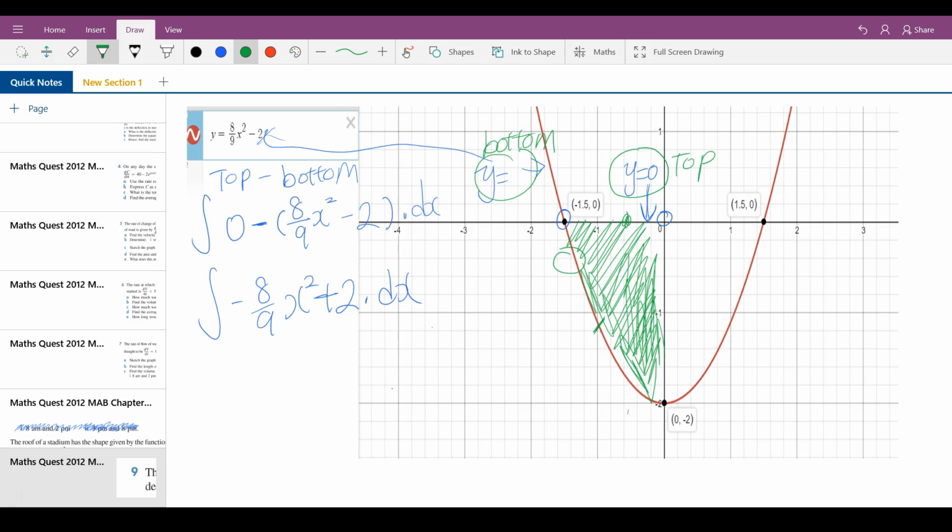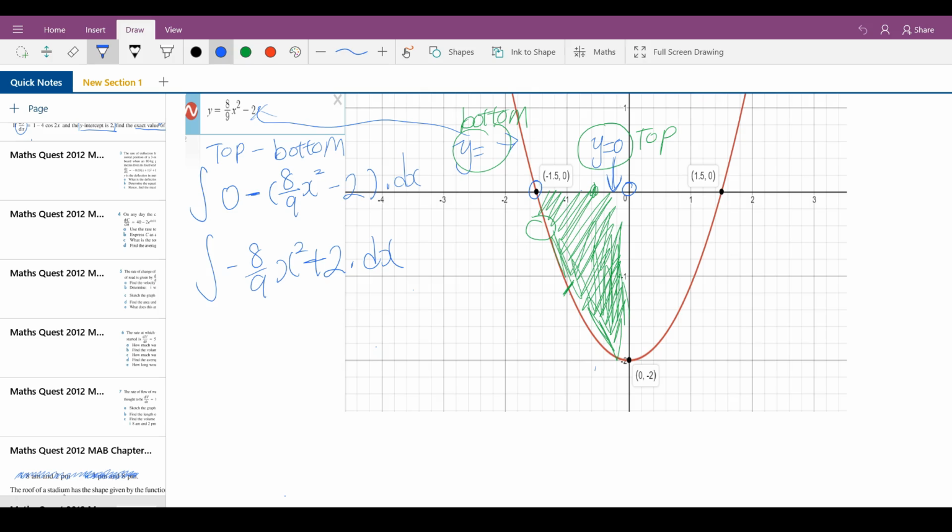All right, so we can go back to integrating it. Let's just pull the constant out first. Oh, sorry, we haven't integrated yet.